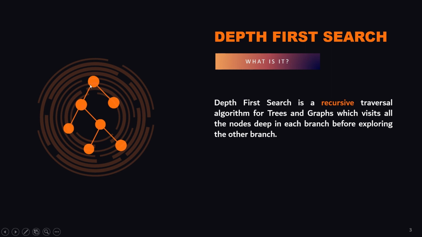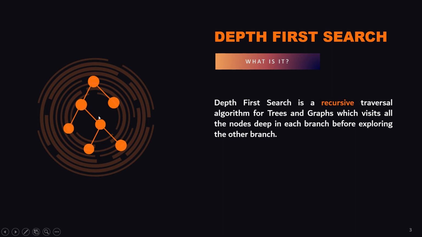So let's say that here we have one root node. If I am using a depth first search traversal algorithm, it'll jump here. If it finds that there is another node and it's not the leaf node, then it'll jump here. Again, it finds that there is no child node and this particular node is a leaf node. So it'll print this node and then the function call will go to the middle element.